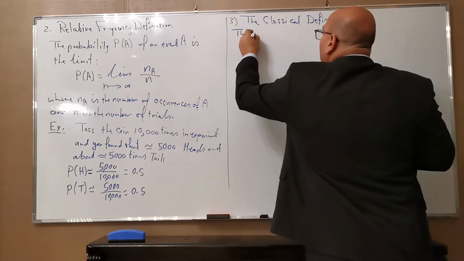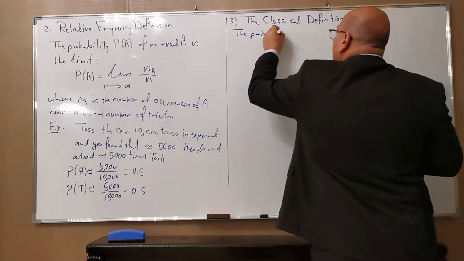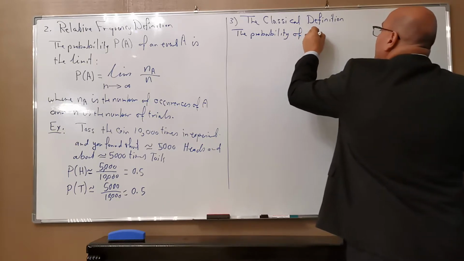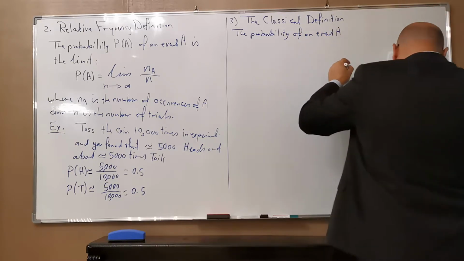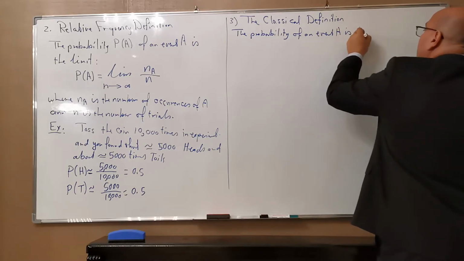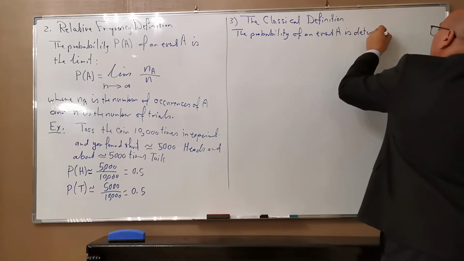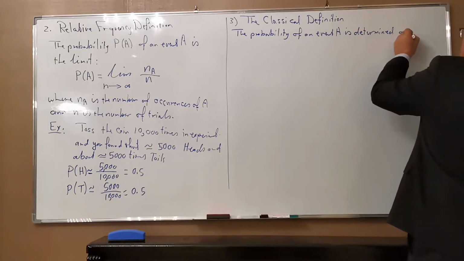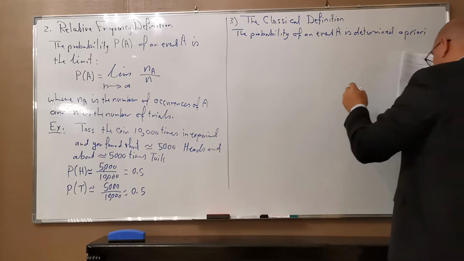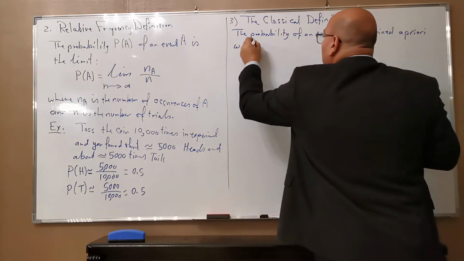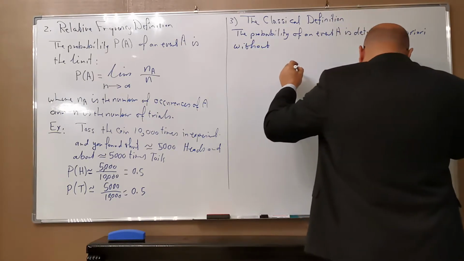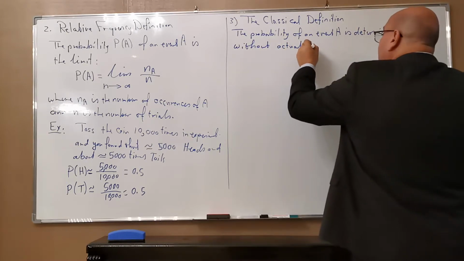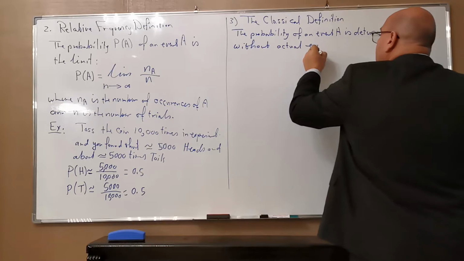The probability of an event A is determined a priori, without actual experimentation.